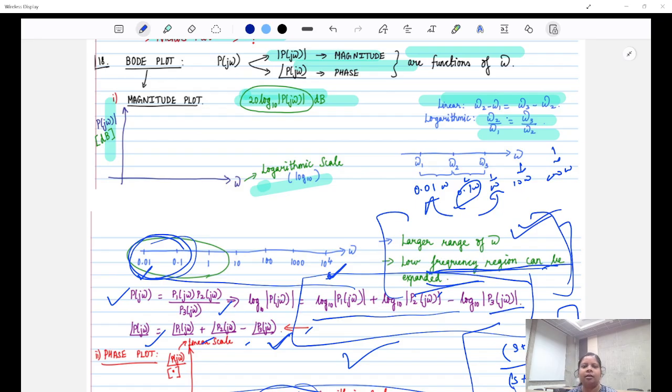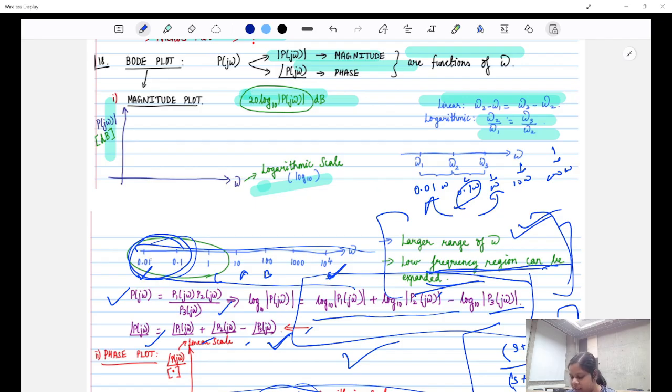In this case, any number that you find on the x-axis is basically the geometric mean of the neighboring numbers. So if I say this is A, this is B, and this is C, then A is the geometric mean of B and C.